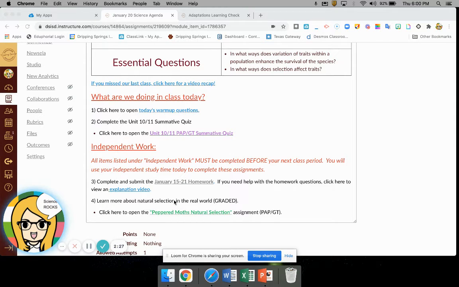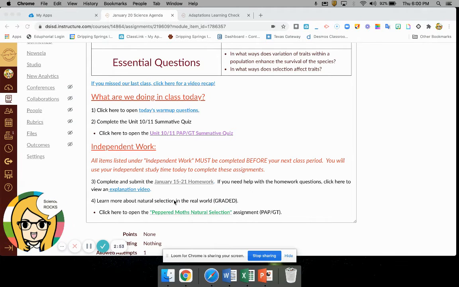And so the peppered moths that had the trait of being dark had an advantage. And so they survived and passed that trait on to their offspring. And the moths that had the trait of being light colored were eaten up by predators and then didn't survive anymore. So there were none that had that trait. So white moths died out.